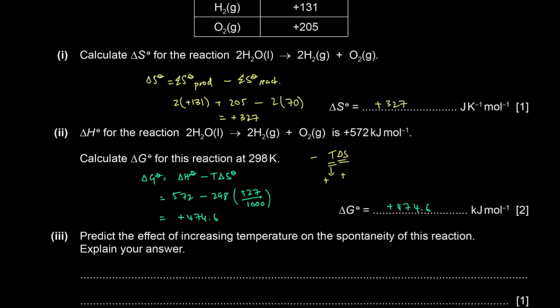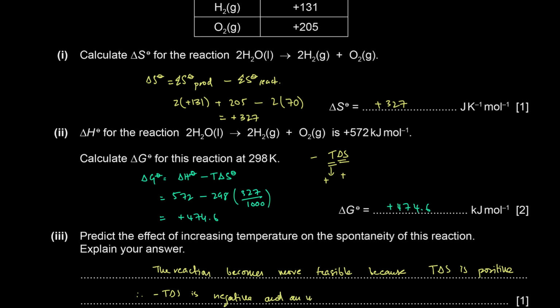So we can say over here that if I increase the temperature, the reaction becomes more spontaneous or the feasibility increases. The reaction becomes more feasible, or spontaneous, because you have to explain this. We know that T delta S is positive, which means that therefore negative T delta S is negative, and an increase in temperature makes it more negative.